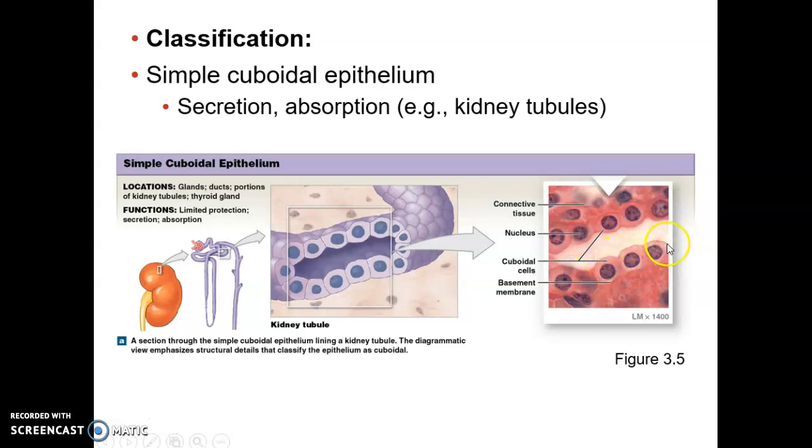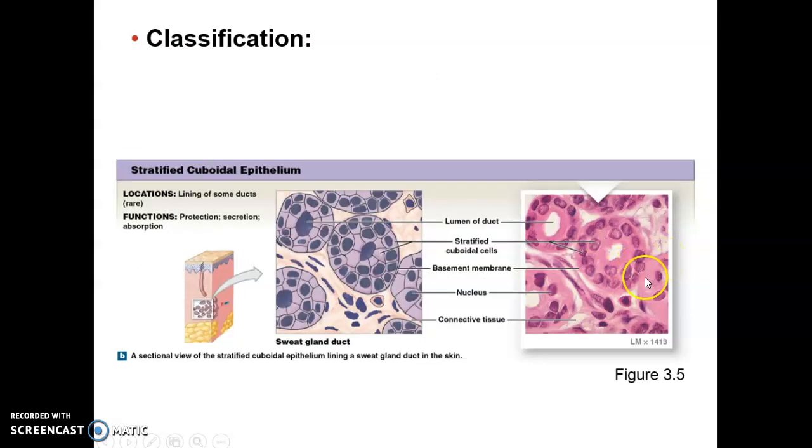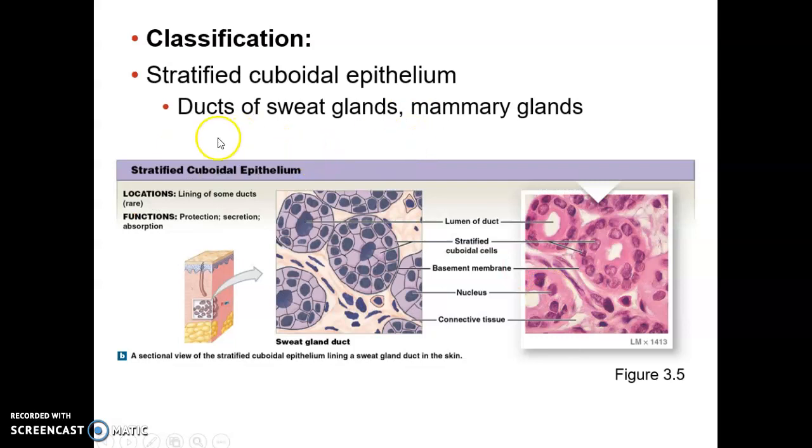All right, here the individual cells are pretty obvious. Over here it's not super obvious, but go with the shape and the size of the nuclei. Okay? So where can we find stratified cuboidal? In ducts of sweat glands and in the ducts of mammary glands.